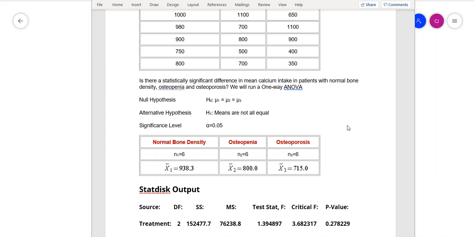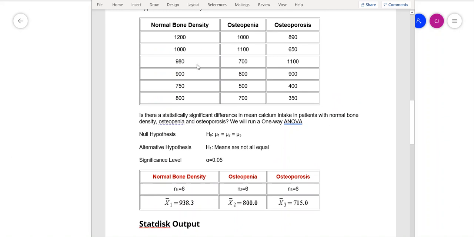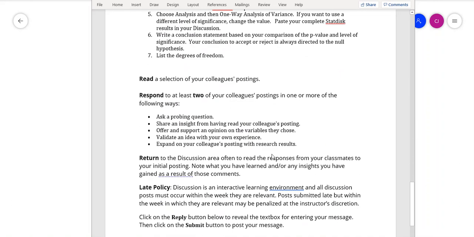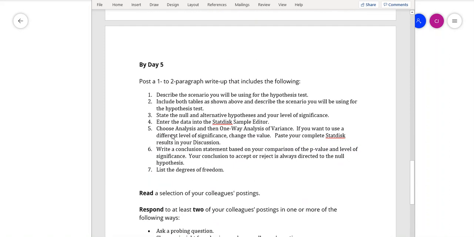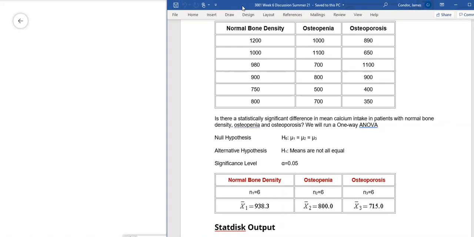Then you do your table with your means. You put your information in StatDisk, and you'll get your output and draw your conclusion. So you should be pretty comfortable with the situation, and we've done a number of these so far. So let's go ahead and move this over.